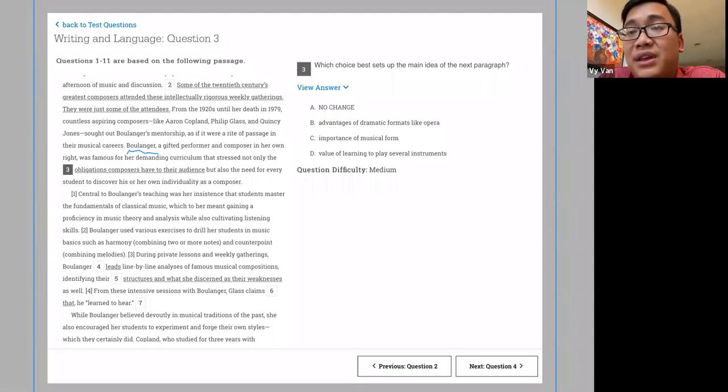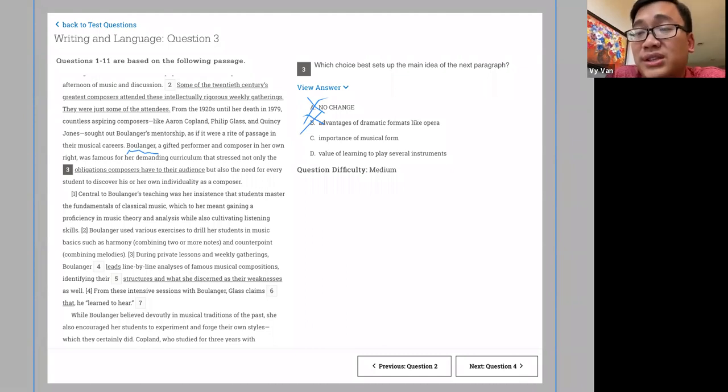So obligation has nothing to do with knowledge, music theory, and skills. So we're going to cross out A. Now B, advantages of dramatic formats like opera. Again, you want to focus on music theory, something basic like that, fundamental. So this one is irrelevant.